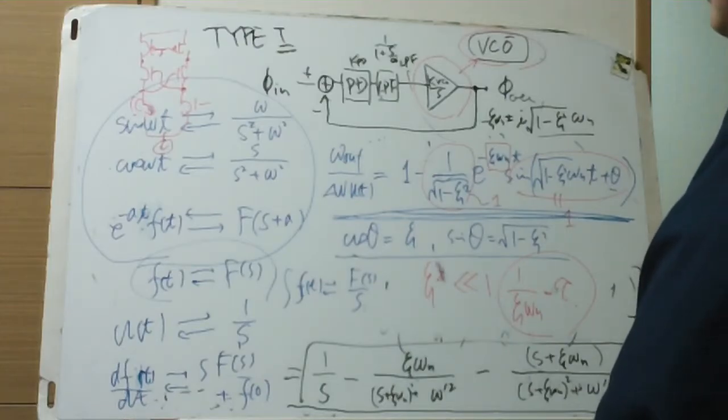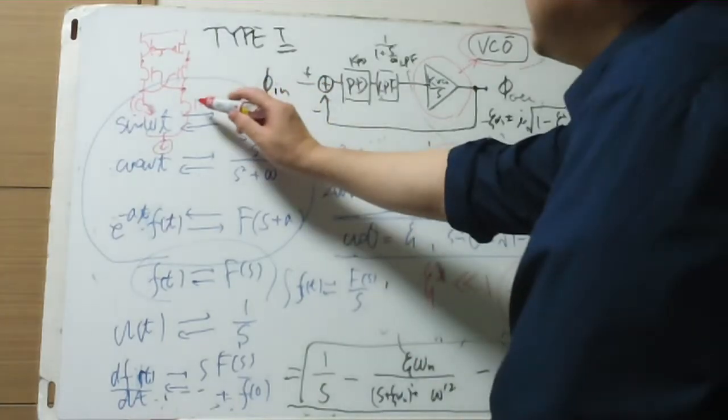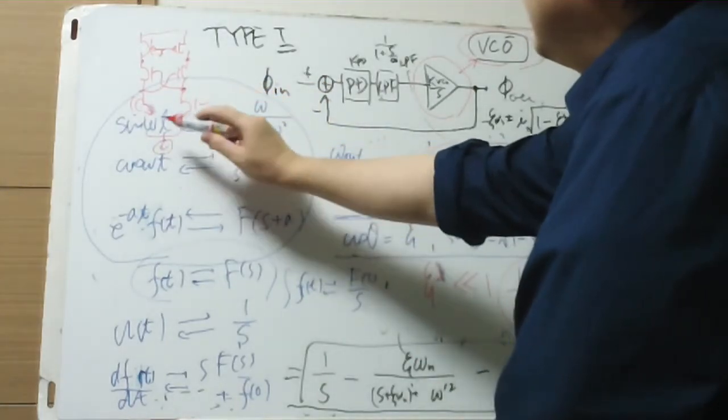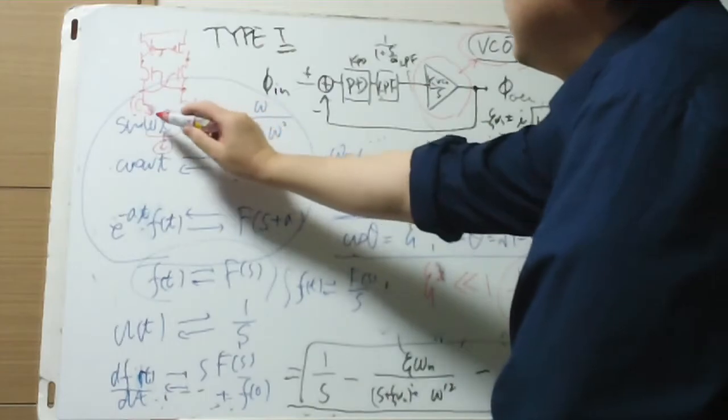Voltage, and is there any capacitor there? Capacitor, switch. This is the switch, and this is the current source, charge and discharge.